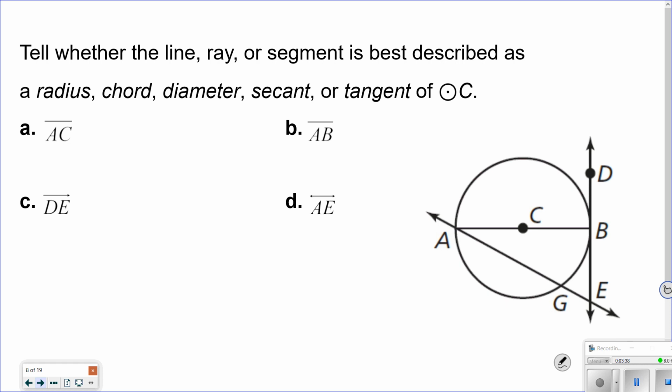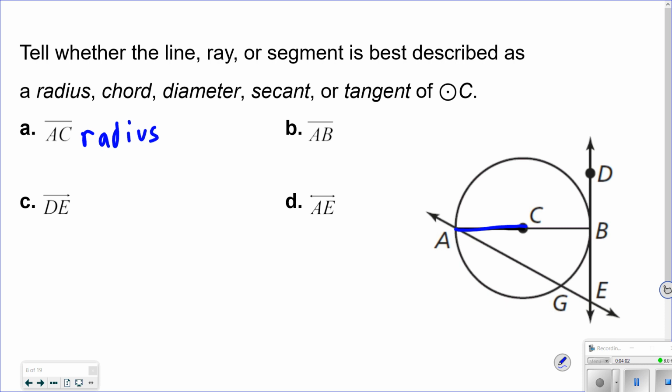This is our first learning goal, right? We want to tell whether the line, ray, or segment can best be described as a radius, a chord, a diameter, a secant, or a tangent. So those are our 5 terms we want to know. AC is the line segment right there. That line segment we know is a radius.